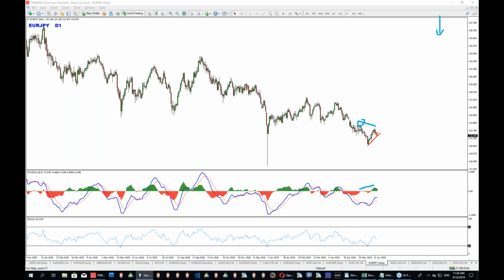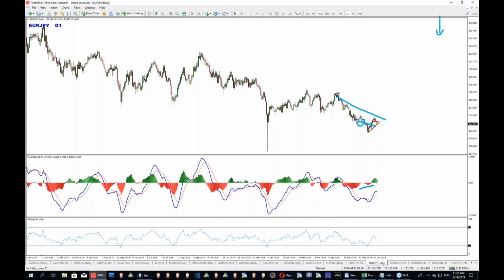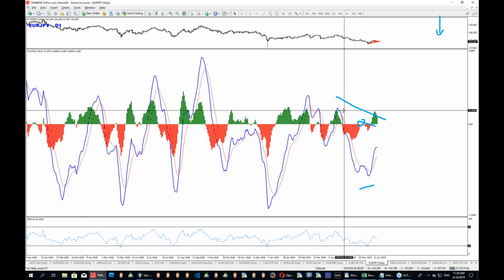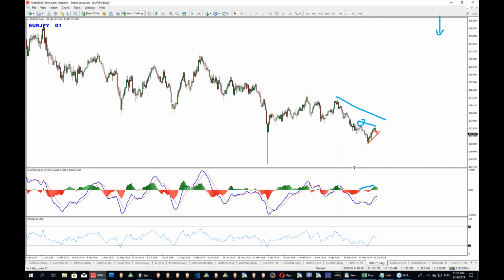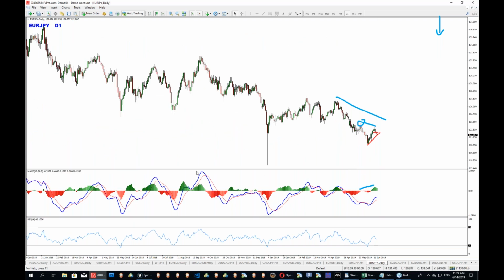And here comes the question: do we measure and validate the hidden divergence from this swing or that swing? Because if it's from the top, we don't really have hidden divergence. Okay, you see that? And this is where different opinions start to rise. So that's the first one.